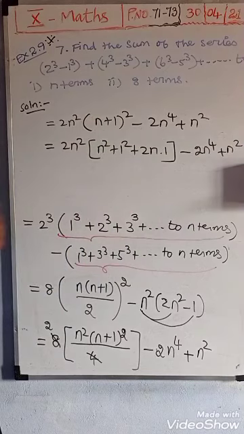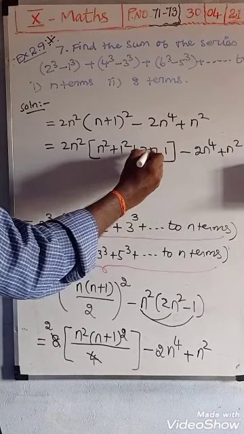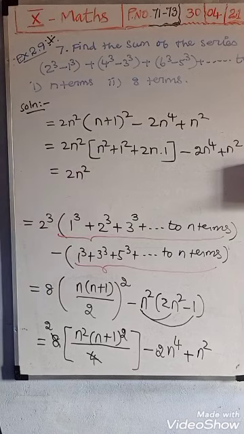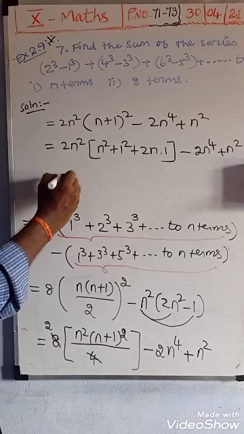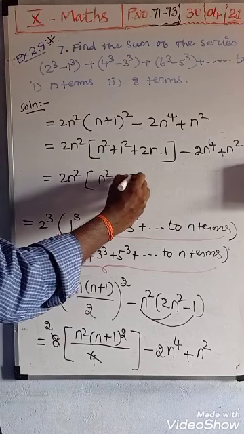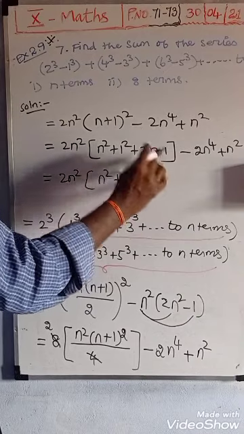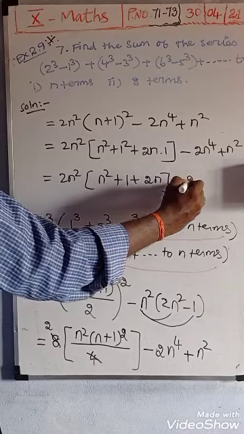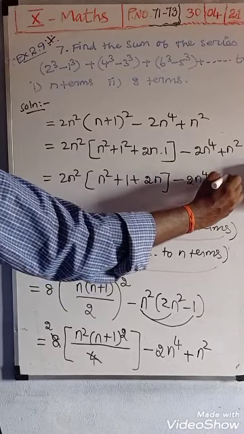So we want to use the formula here. Now next step, 2n squared is common: 2n squared of n squared plus 1 squared is 1, plus 2n into 1 is 2n. Close the bracket, minus 2n power 4 plus n squared.